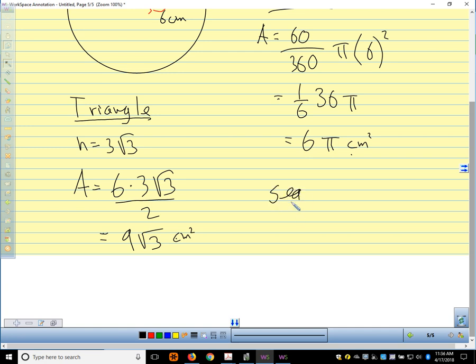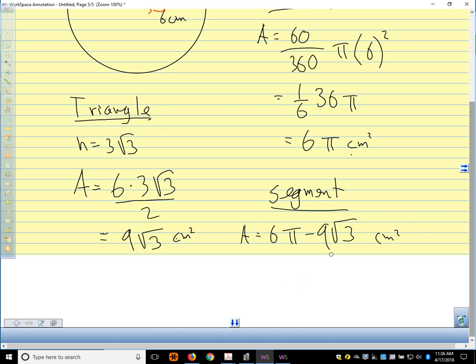So the area of the segment would be 6 pi minus 9 square root 3 square centimeters. If we wanted an exact answer in terms of pi, in simple radical form, that's what we'd get.